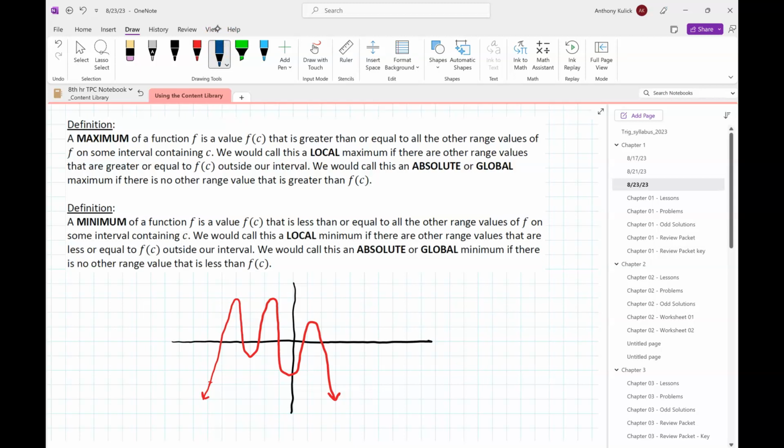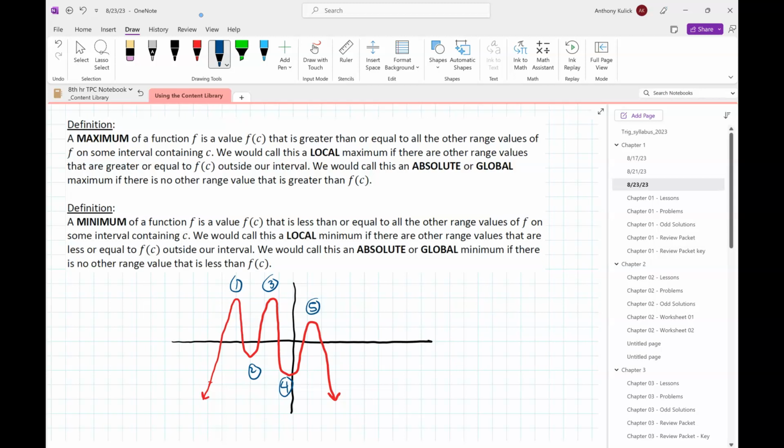So let's say we have this graph here. How many extrema, that is, how many maxima and minima do we see in total? I see 5 as well. Okay. So I see 1, 2, 3, 4, 5 of them.